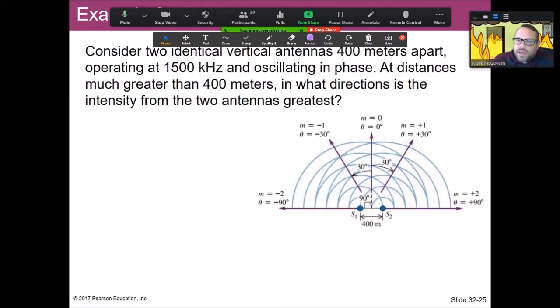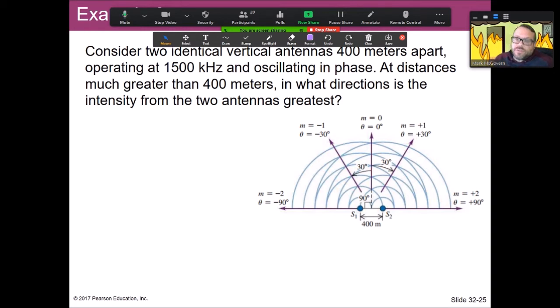Okay. So we're going to take a sound example here, basically, and we're going to work out distances with respect to the interference patterns. We have these two, they could be sound waves or whatever. Radio waves. It's probably radio waves, right? We want to know where the places of constructive interference are.